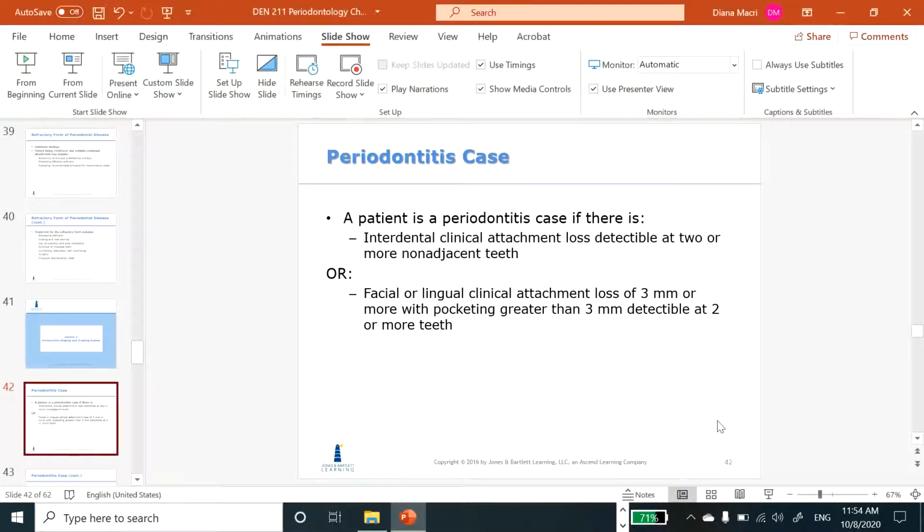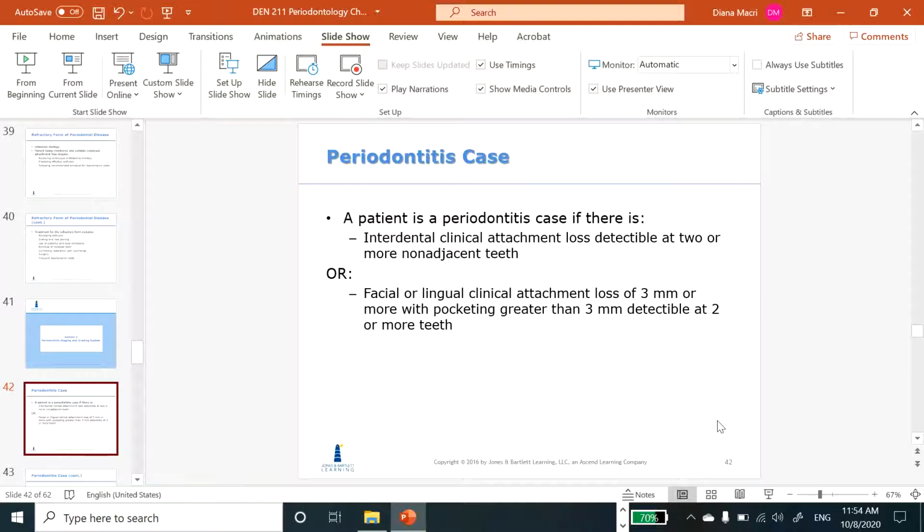A patient is a periodontitis case if there is interdental clinical attachment loss at 2 or more non-adjacent teeth. That is your definition of periodontitis in terms of classification.